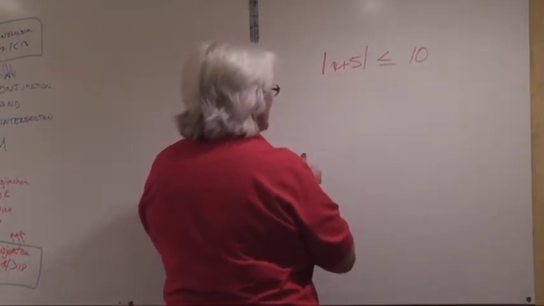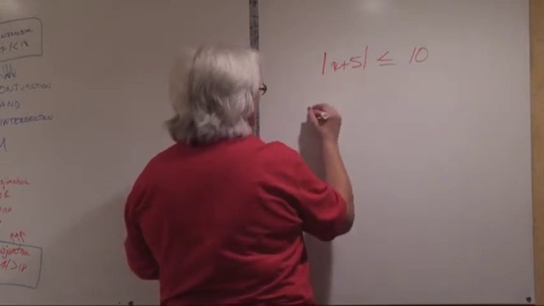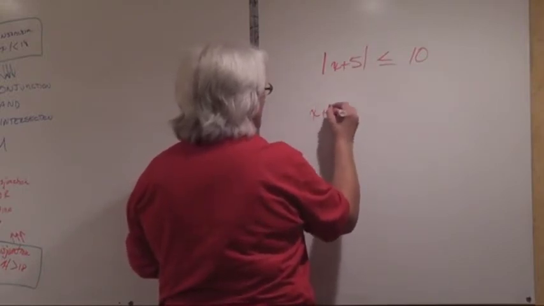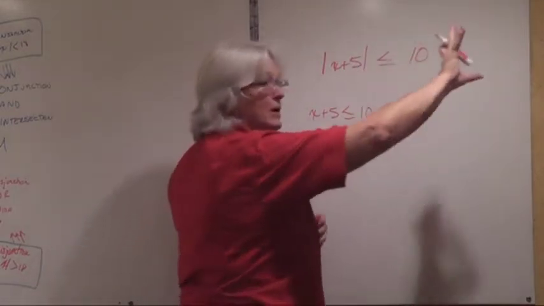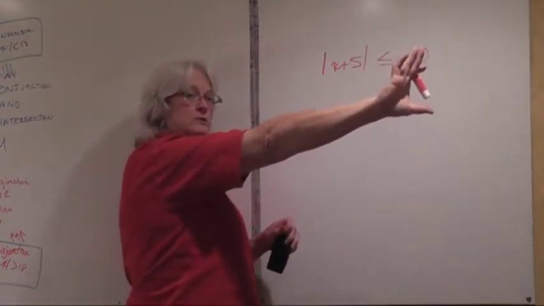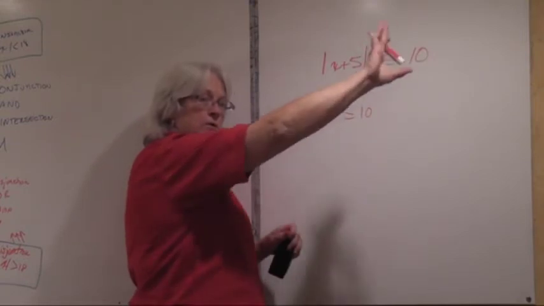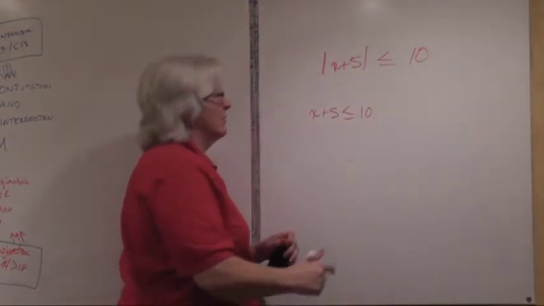You have to take what is inside the absolute value bars, because that expression there has to be less than or equal to a positive 10 units, units toward the right of 0.